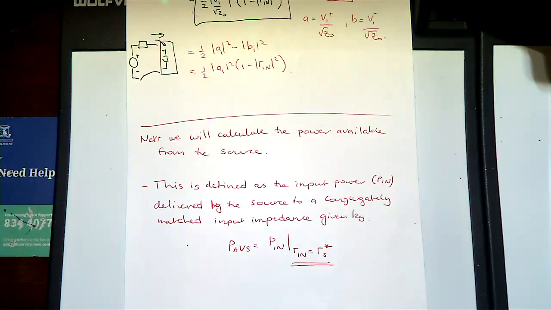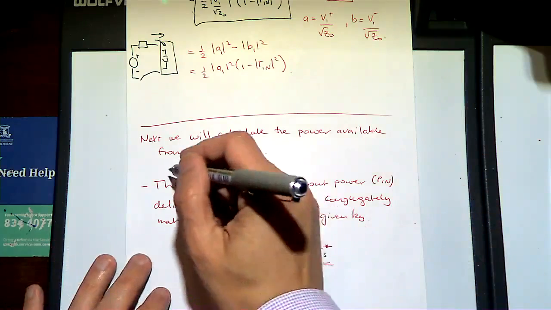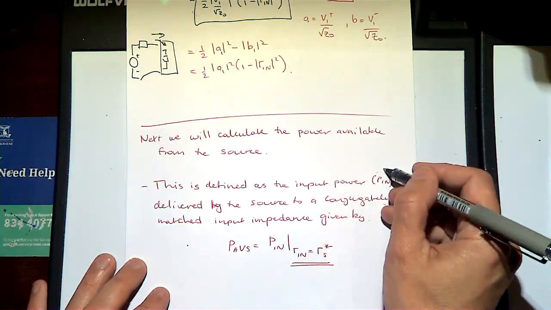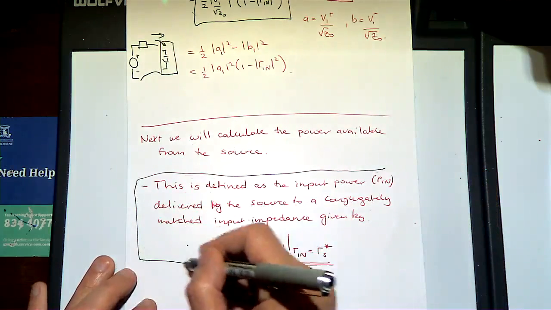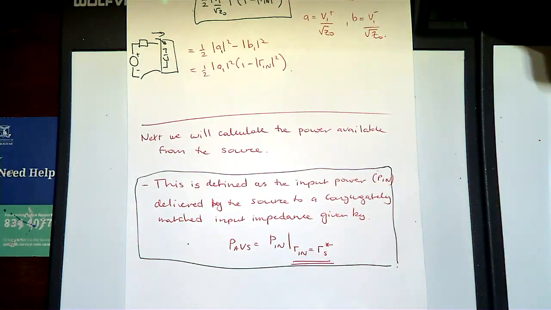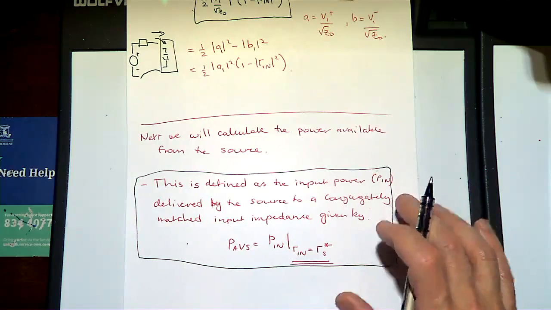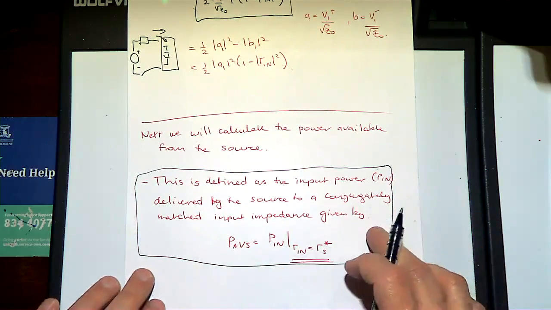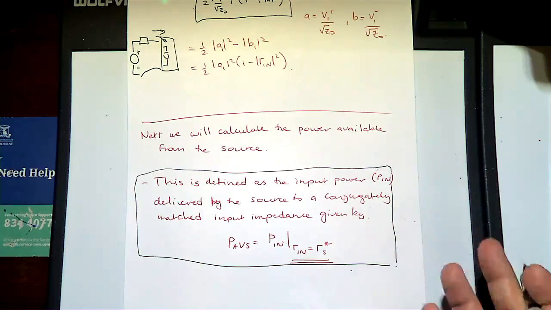When do we get the maximum power transfer? Well, it's when the load impedance is conjugately matched. So that's what I'm asking you to calculate in terms of scattering parameters, right? What's the maximum power that's delivered by a source that's conjugately matched to the input impedance of that network?